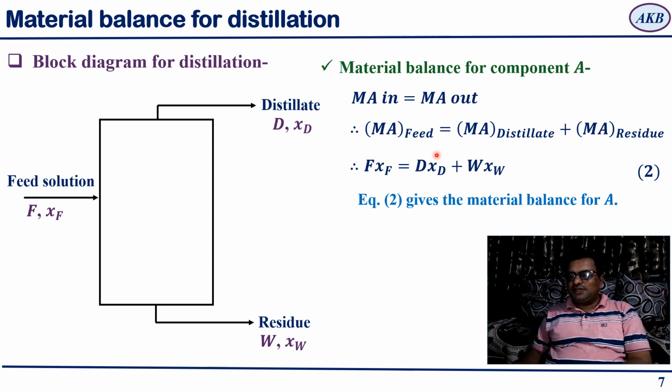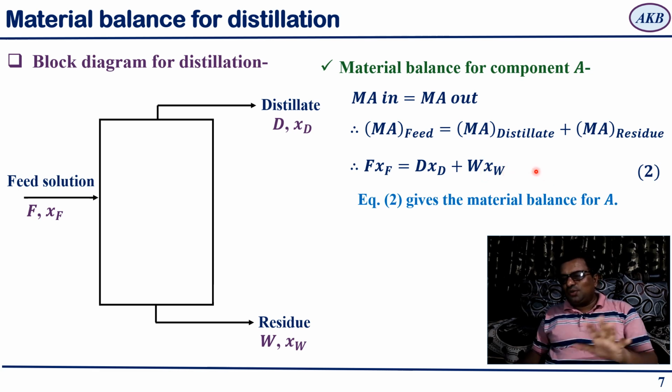And on this side, if XD is mole fraction of A, 1 minus XD will be mole fraction of B. Similarly, over here it will be 1 minus XW. Okay. So balance for B will be written as F into 1 minus XF is equal to D into 1 minus XD plus W into 1 minus XW.